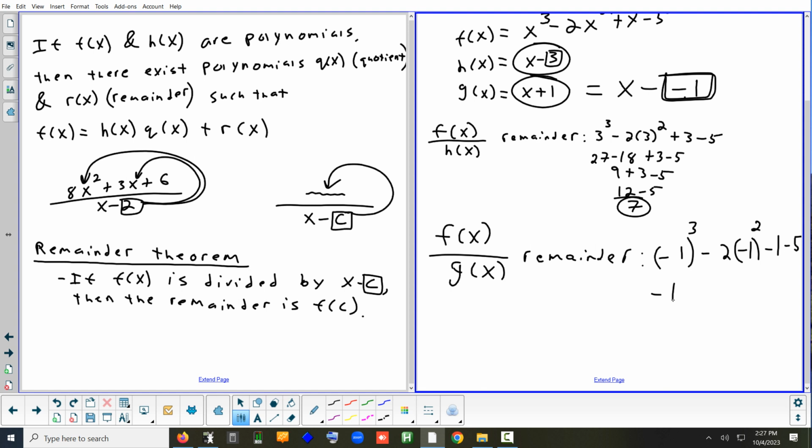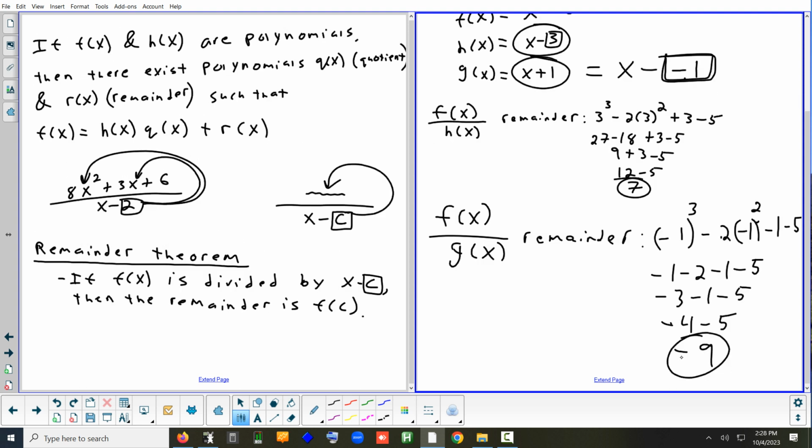And -1 squared? 1. 1 times -2. -2. Okay. What's -1 minus 2? -3. Okay. And -3 minus 1? -4. And then -4 minus 5. -9. So we just showed again that whatever we just divided by was not a factor because we didn't get a remainder of 0.